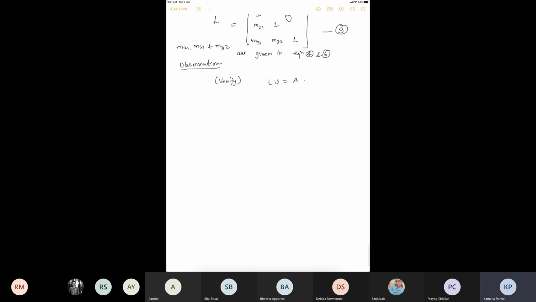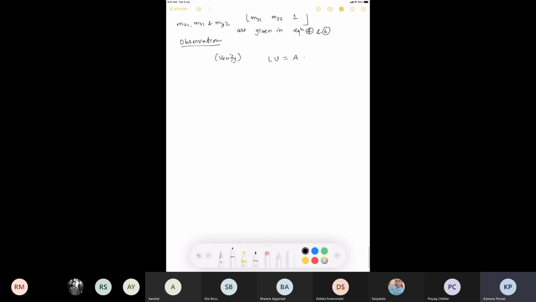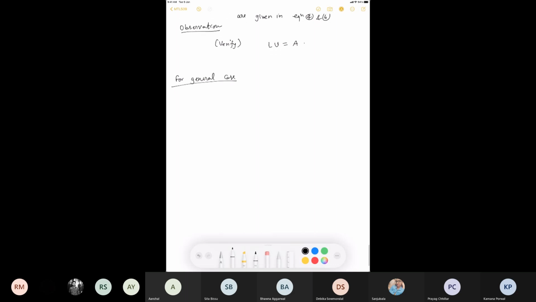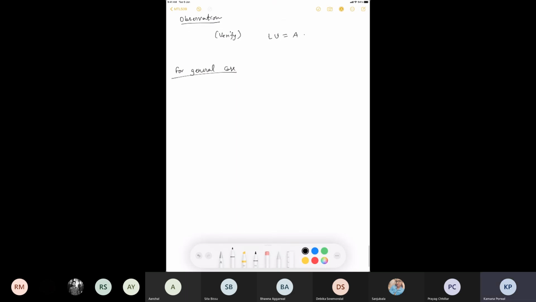So let's just simply extend it for any general n if the idea is clear. So for general case, let's assume that we have the n by n system.